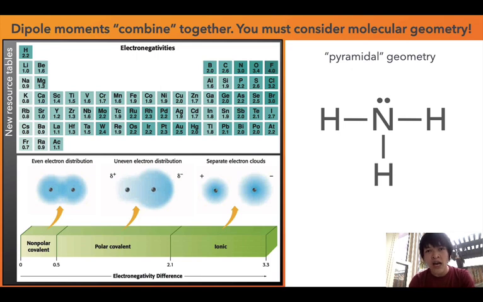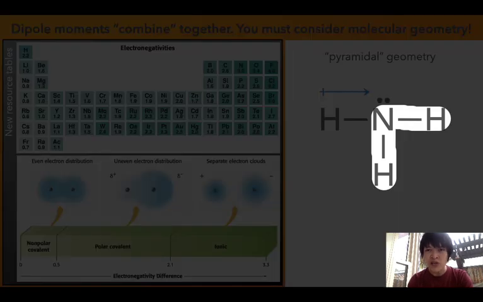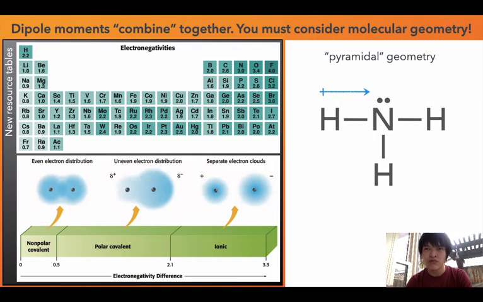You draw the dipole moment arrow pointing towards the more electronegative nitrogen. You also do the same for these two bonds, which will have the exact same electronegativity difference values. So let's just save some time and draw the dipole moments right away and skip the calculation.